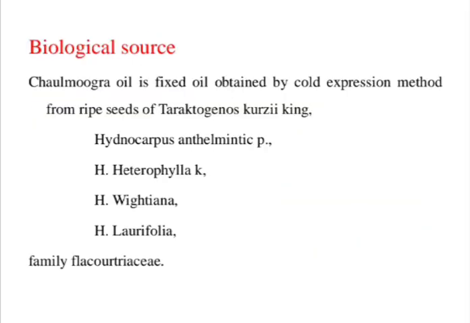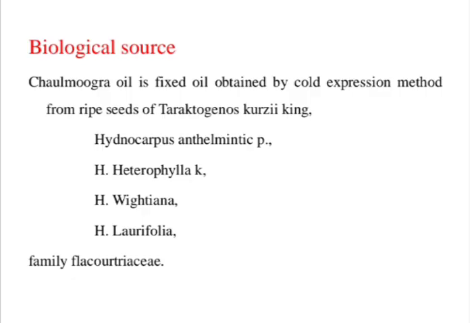Biological source: it is a fixed oil obtained by cold expression from the ripened seeds of Taraktogenos kurzii King. Its scientific names are Hydnocarpus anthelminticus, Hydnocarpus heterophylla, Hydnocarpus wightiana and Hydnocarpus laurifolia.